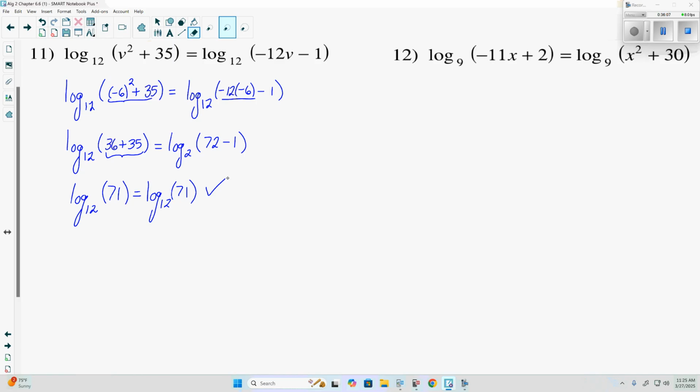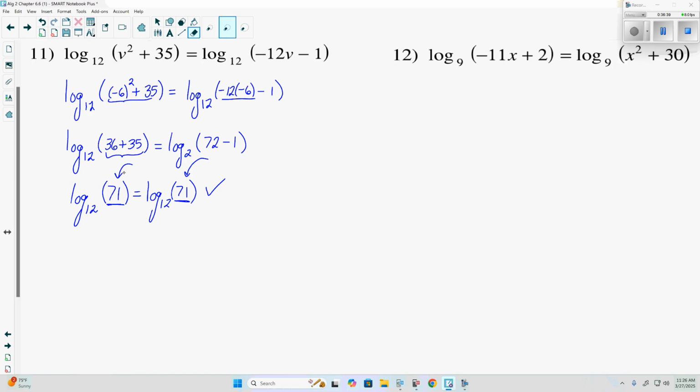71. So when we plug negative 6 in, even though the value of x was negative, when it's plugged back into the original function, the number that we finish up in each of the logarithmic spots, one, are the same, and two, none of them are 0 or negative. Because if the value of x causes this number, where 71 is, in this case, this final spot to be 0 or a negative, it would be an extraneous solution.